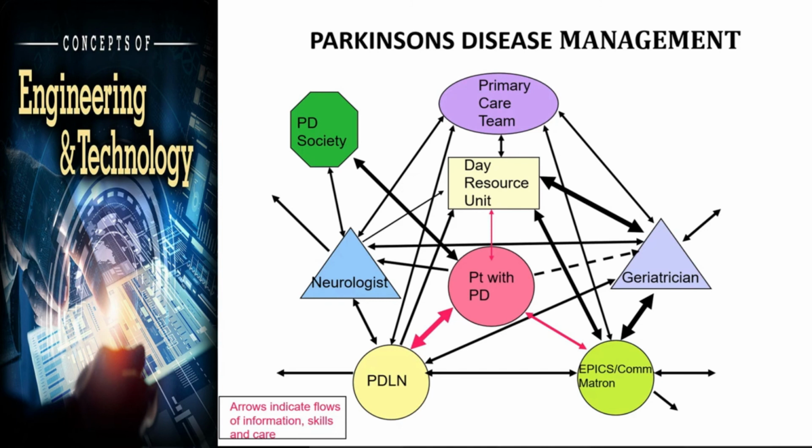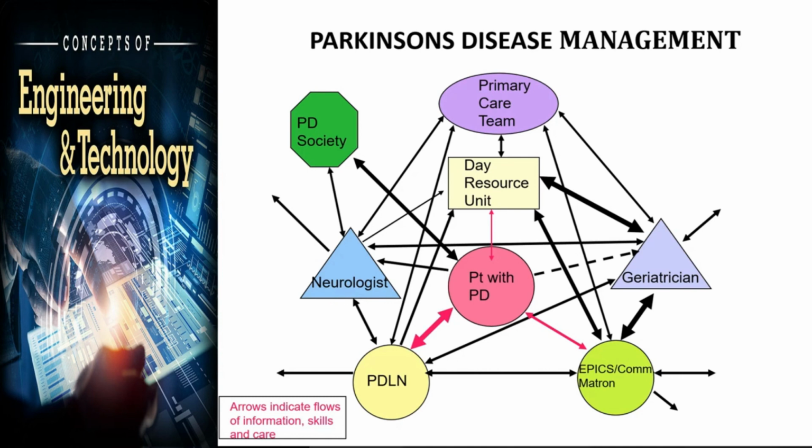Sometimes the communication is bi-directional, sometimes only unidirectional. The doctors will give instructions to the care team, the primary care team will give the information to their resource unit, and then the resource unit will share it with the patients.